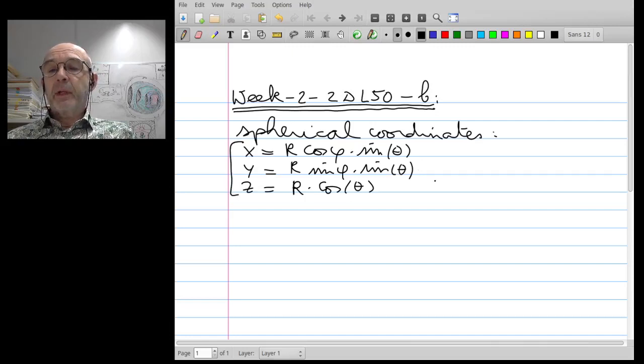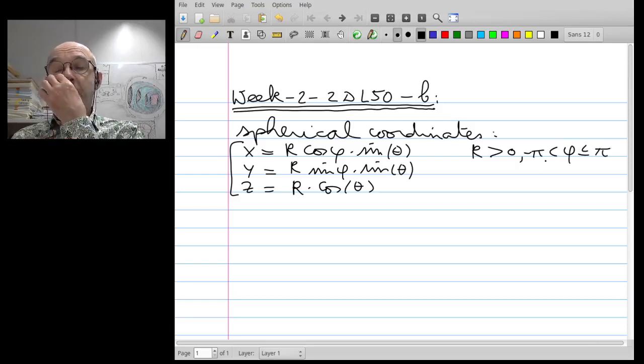And we introduced what we assumed: the radius is positive. The phi you can take between minus pi and pi, just an interval of length 2 pi, no problem.